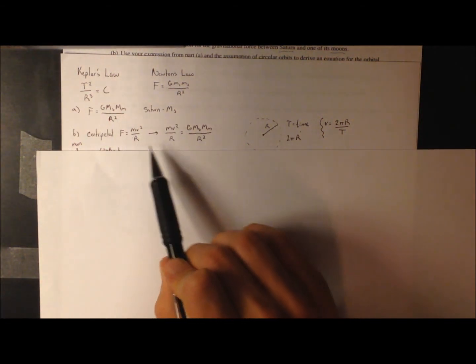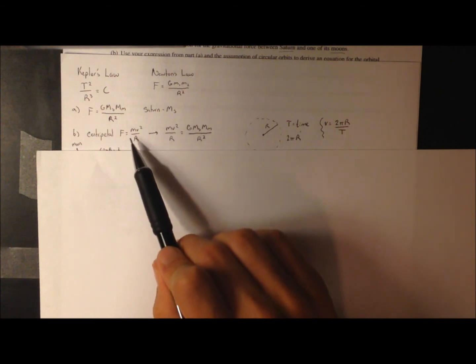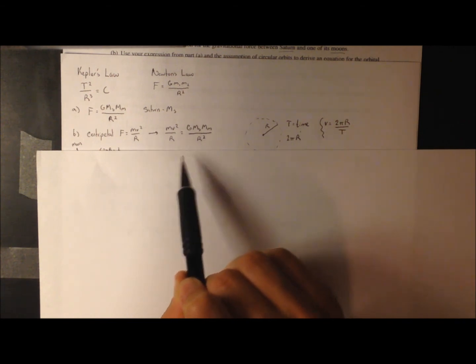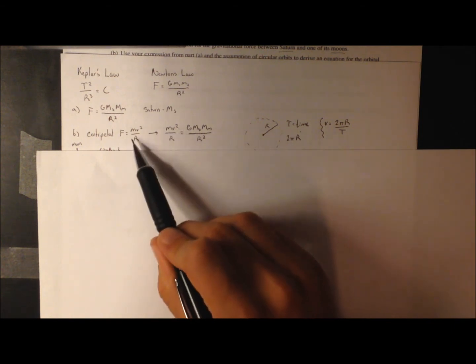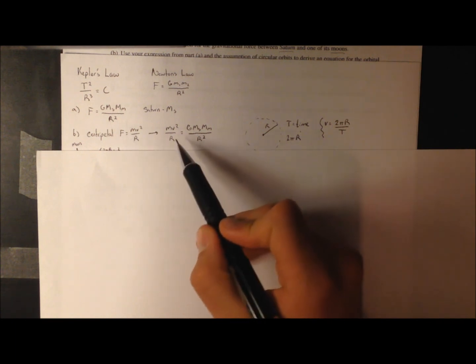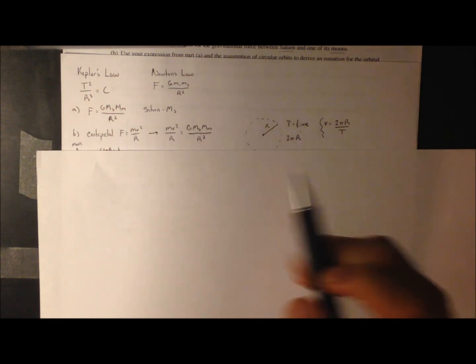The next question asks, use your expression from part A and the assumption of circular orbits to derive an equation for the orbital period of a moon as a function of its orbital radius. The hint about circular orbits means that we're dealing with centripetal force, since we're not dealing with ellipses. We knew the force of gravitation, and if it is the only force acting on the moon, then it's also the centripetal force. So we can say mv squared over r, the centripetal force, equals the gravitation equation.